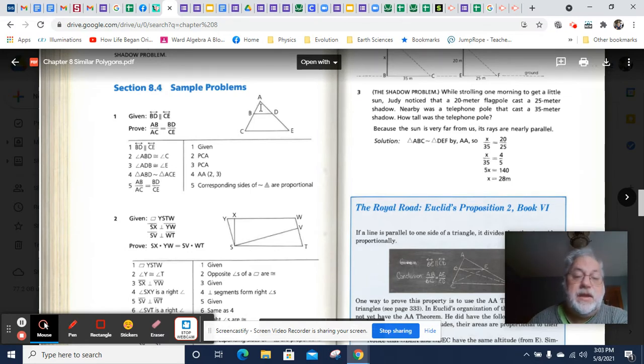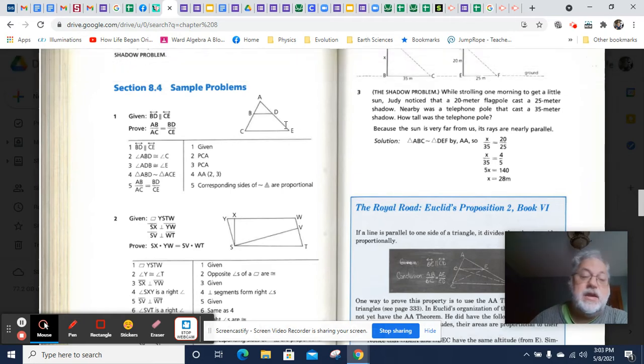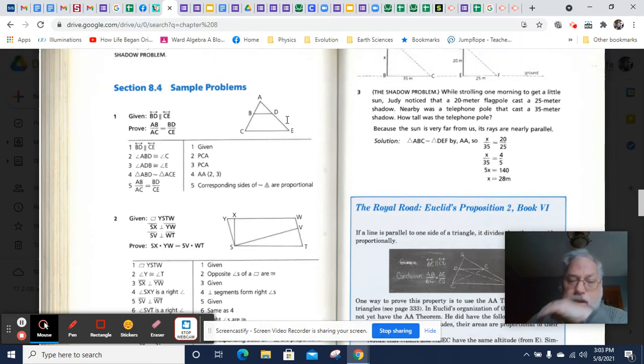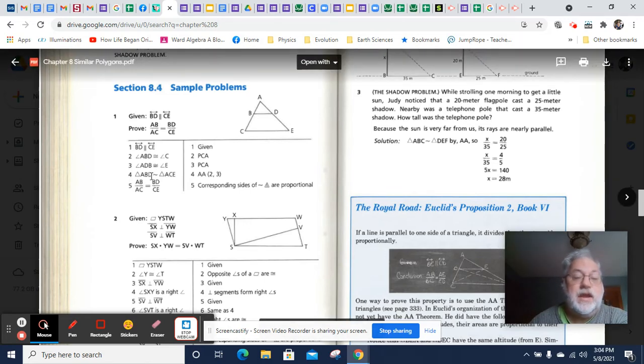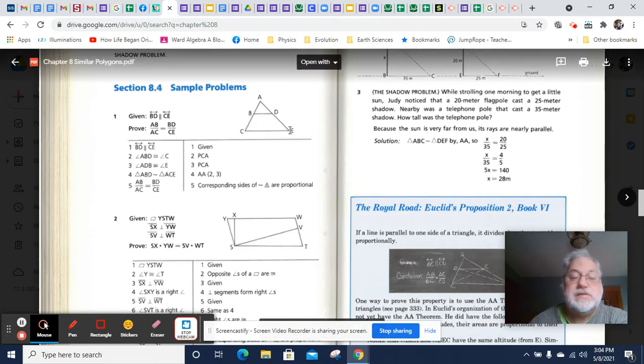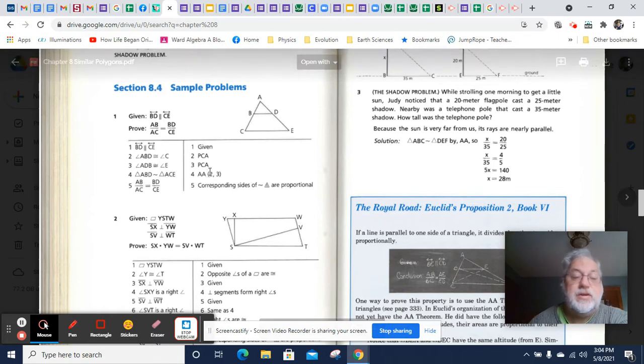We know that angle ADB and angle E are congruent, also pairs of corresponding angles because of the transversals that are set up by the parallel lines. And therefore, we have angle-angle. That proves that triangle ABD is similar to triangle ACE.